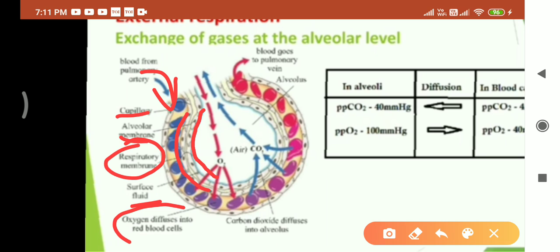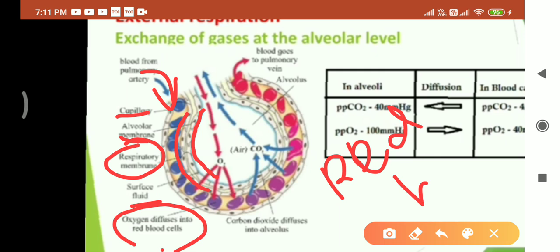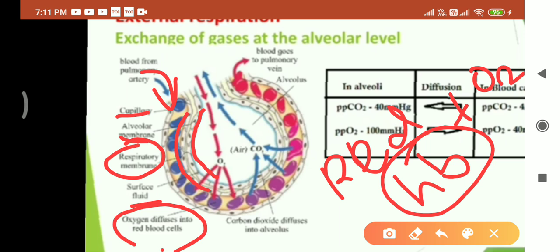Here you can see oxygen diffuses into the red blood cells. Why are we talking about red blood cells? Because the red blood cells have Hb, hemoglobin. Hemoglobin reacts with the oxygen and makes oxyhemoglobin, which has the capacity to absorb this oxygen.